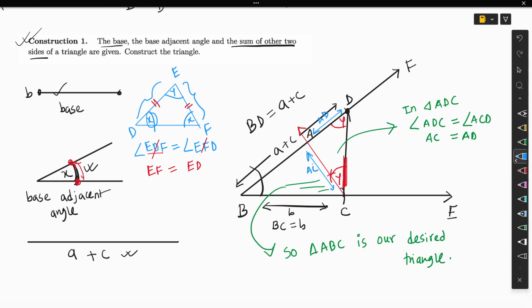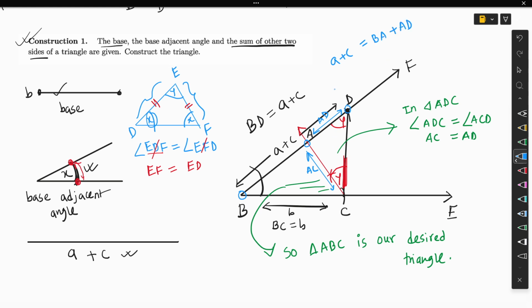So what is happening here? AD is equal to AC. So we know that here BA plus AD is the sum of two sides. So AB plus AC is equal to BA plus AD, right?